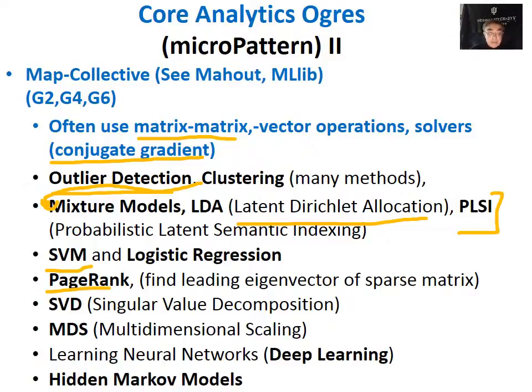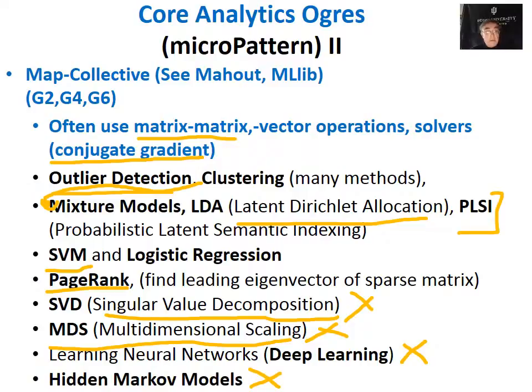We have PageRank, which is a matrix eigenvalue problem, singular value decomposition, a classic matrix algebra. Multidimensional scaling is an area we do lots of work on in my group. It's good for visualization. Deep learning, already mentioned, is matrix multiplication. And hidden Markov models are an important global machine learning problem.